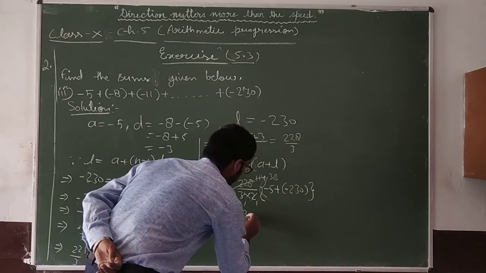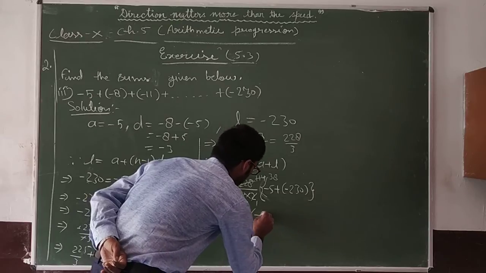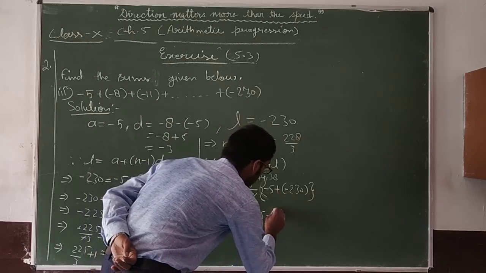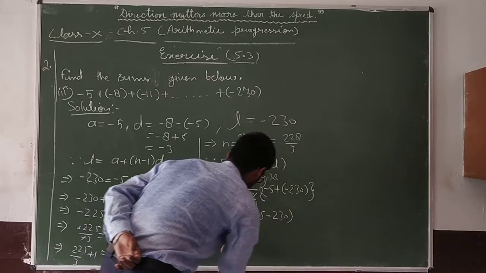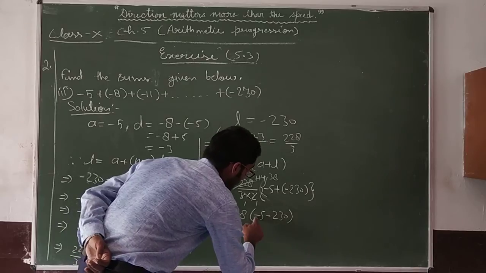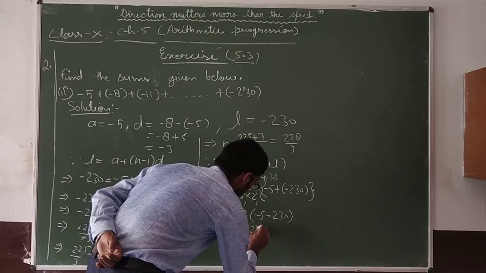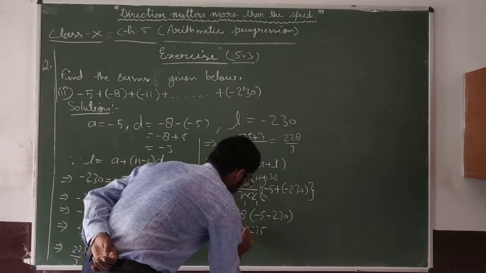So 38 in bracket minus 5 plus minus 230. 38 into minus 5, minus minus is plus, so minus 235.